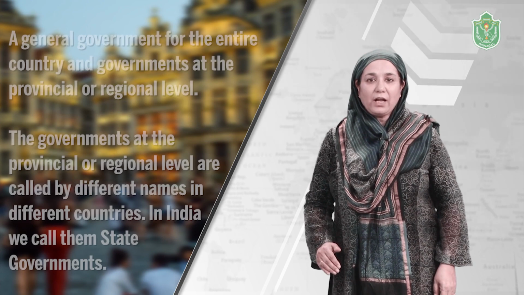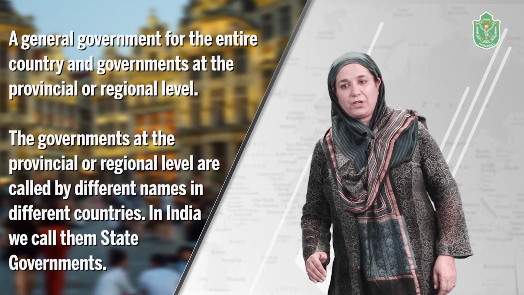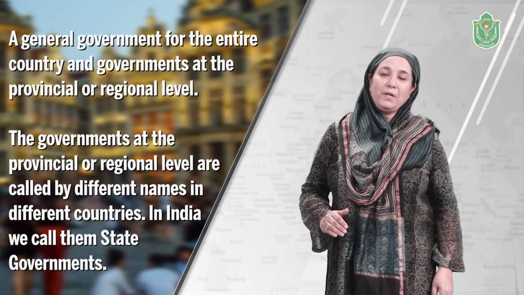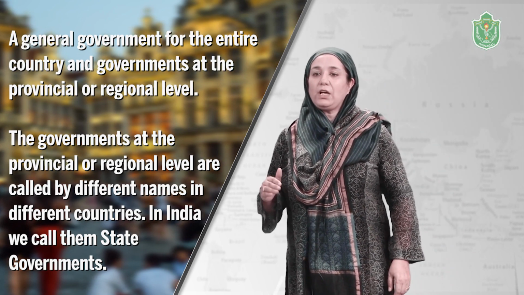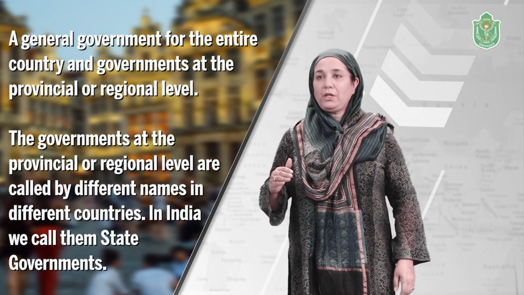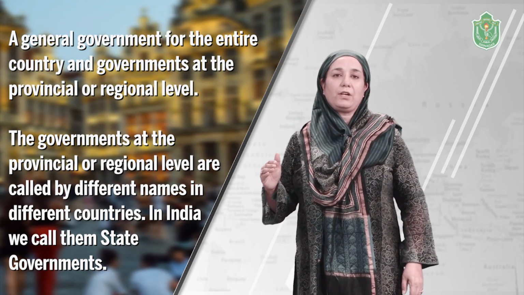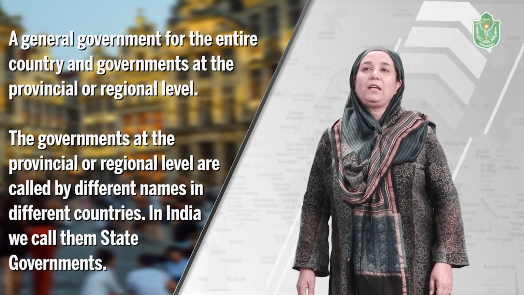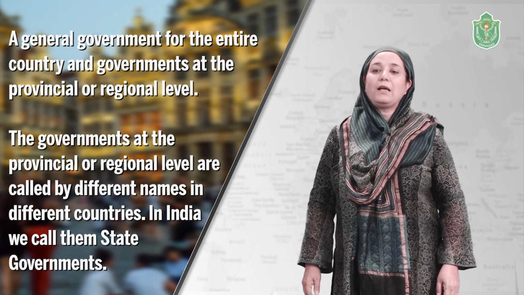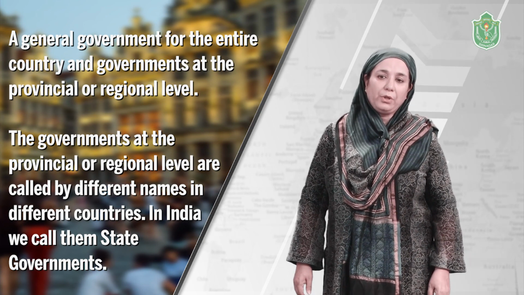There is a general government for the entire country, and there are governments at provincial or regional level. Such a general government for the entire country is also known as the federal government. In India, we call it central or union government.